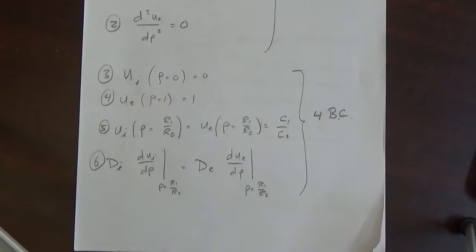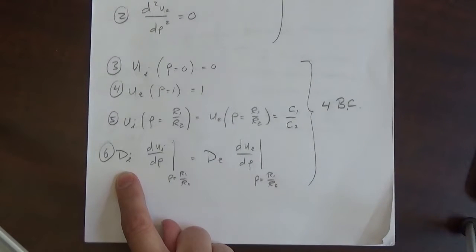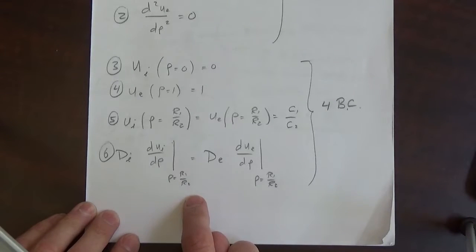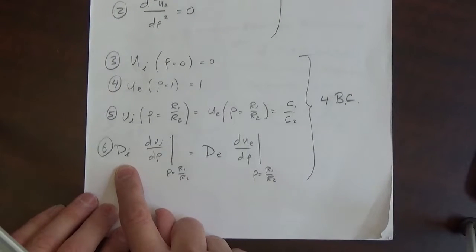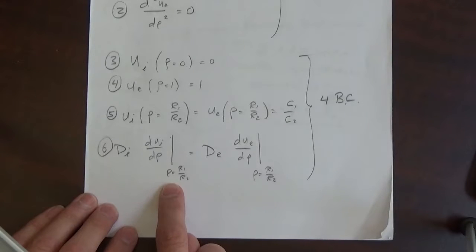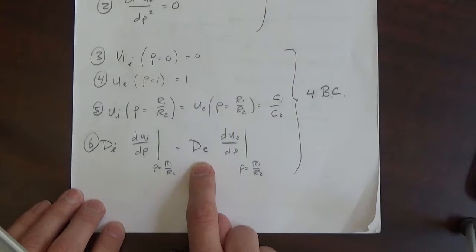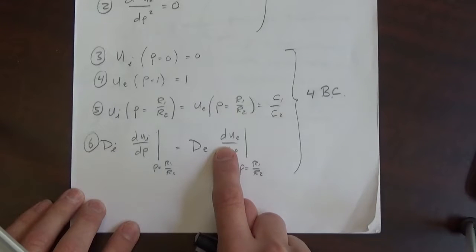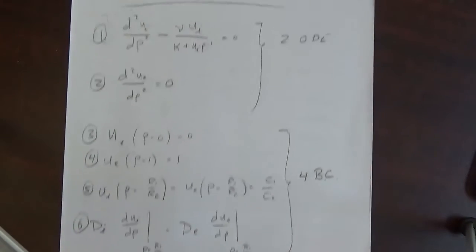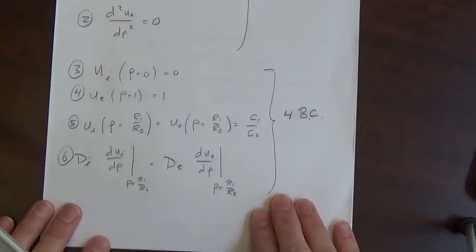And we know from Fick's first law that the flux is expressed as the diffusion coefficient times the derivative of the concentration, and when we went through our derivation, that gave us D sub I, the interior diffusion coefficient, times the derivative of u sub I with respect to rho at rho equals R1 over R2 is equal to D sub E for exterior times du sub E d rho at rho equals R1 over R2. So this is the problem we're going to solve, and we're going to solve it numerically.